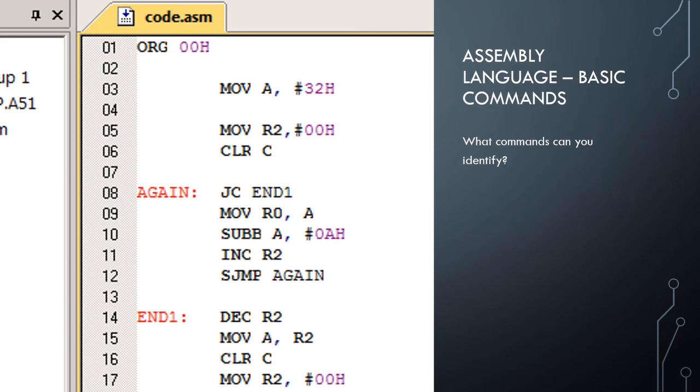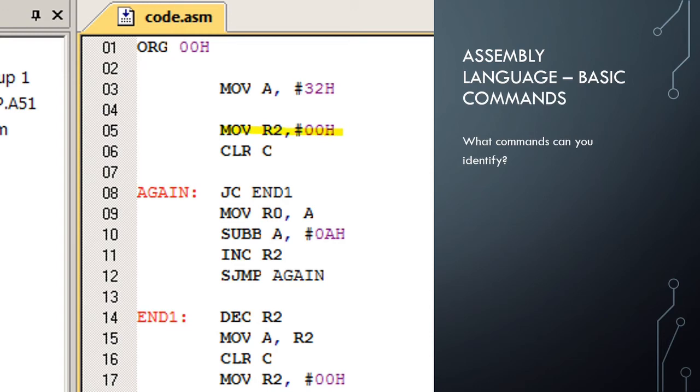So we talked about how registers can be identified with a $ in front of them. In the cases that we're going to be using, it will just be the letter R in front of the number. So you'll be using R2 to represent register 2 if you haven't caught on to that already. So looking at this code, let's see what commands we can identify. We won't go through all of them, but we'll look at a few. So I'm seeing right here, this line right here, this is the move command.